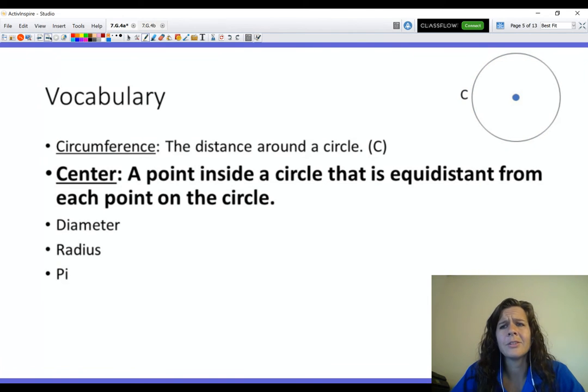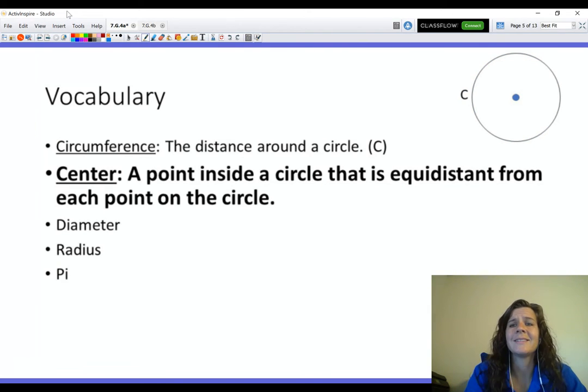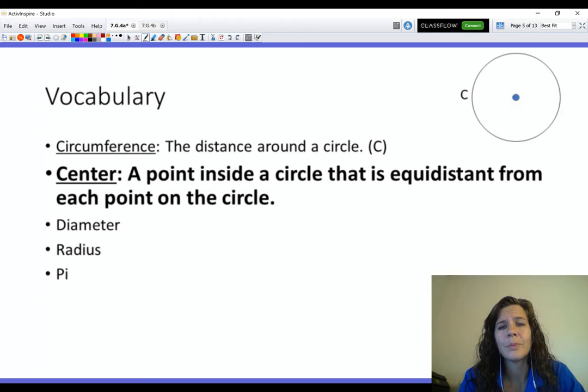Okay, the center is exactly what it sounds like. It is the center of the circle. It's the spot right in the middle. It's equidistant from each point on the circle. So we can pick any point anywhere on the circle we want. And if I draw a line from the center to each of these points, it's going to be the same length.